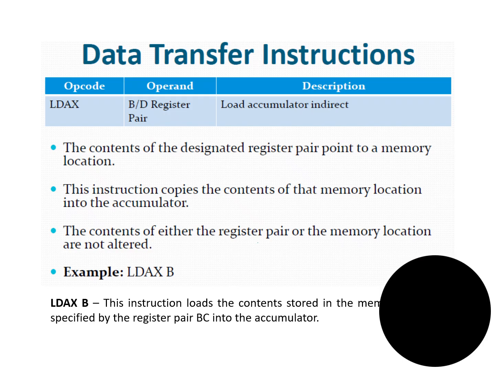The example we are taking here is LDAX B. Here, B holds the memory location where your data lies. Memory location means it holds 16-bit data, so this B is nothing but a 16-bit register pair. The 16-bit register pair holds the memory location where your data lies.